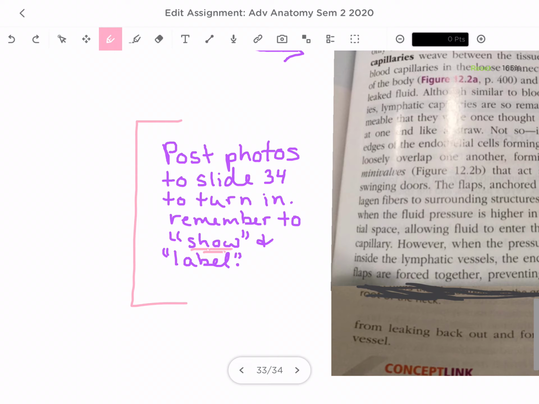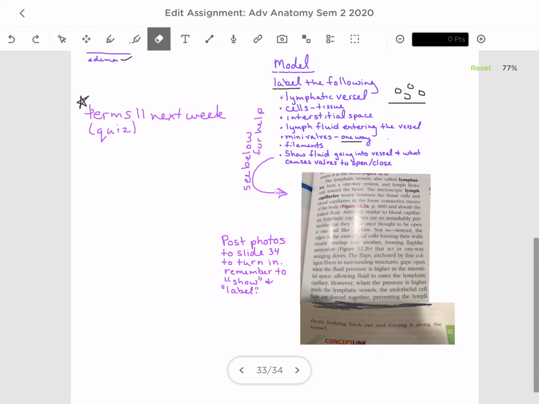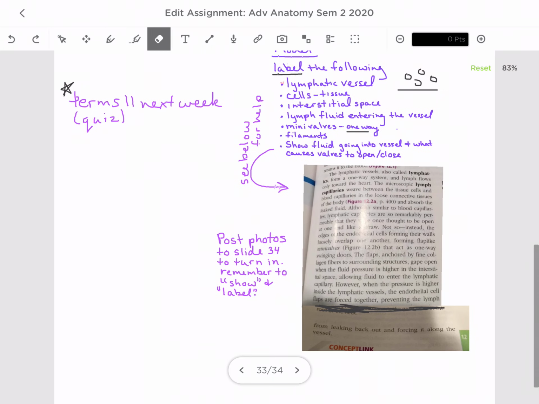So maybe a couple stills or something like that would work to turn this in. And make sure that you label so that I know that you know what you're talking about.